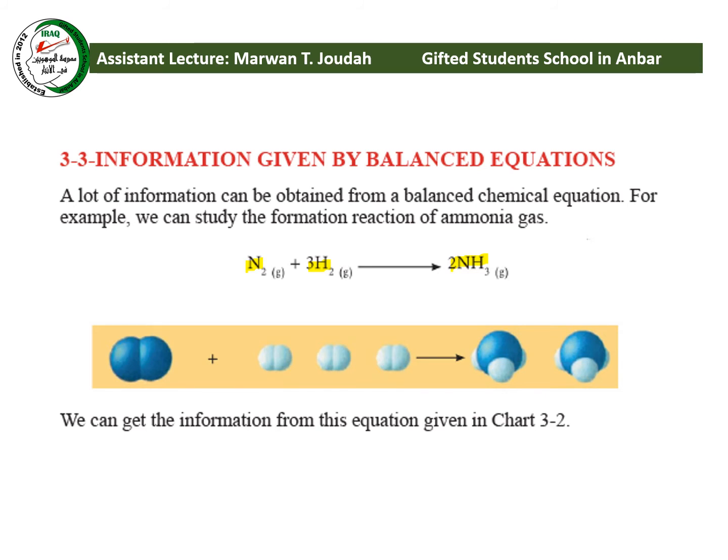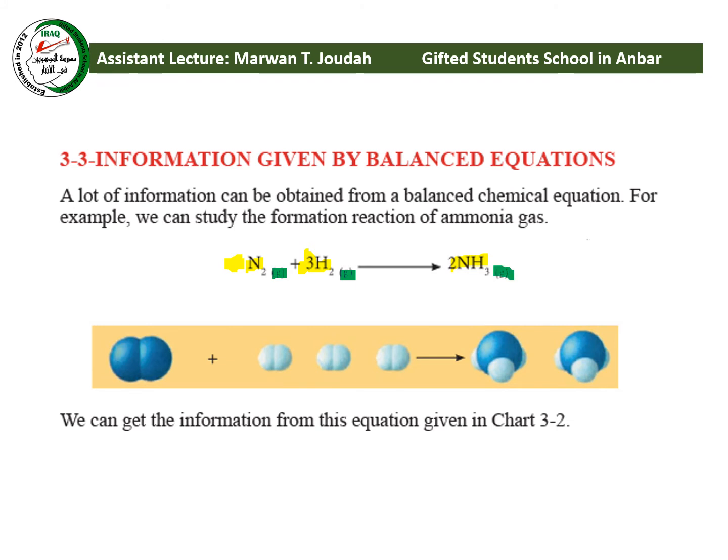For the first one, we can know that we have reacted 1 mole, because there is no number right here, 1 mole of nitrogen gas with 3 moles of hydrogen gas to give us 2 moles of ammonia. This is the first one, the number of moles. The second one is the state of each component. Nitrogen is a gas, hydrogen is a gas as well, and ammonia is a gas.